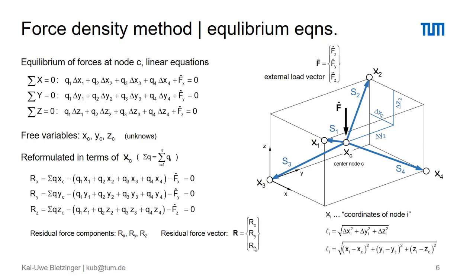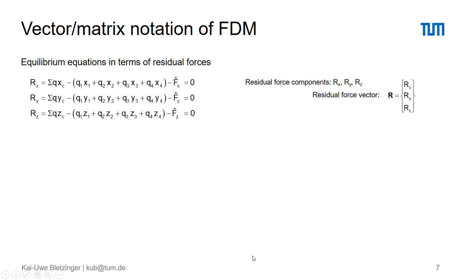For larger problems, the size of this residual force vector is always the size of the equation system. That means for every unknown free variable we have another equation, and another entry in this residual force vector. Here we have these 3 equations again on this slide.